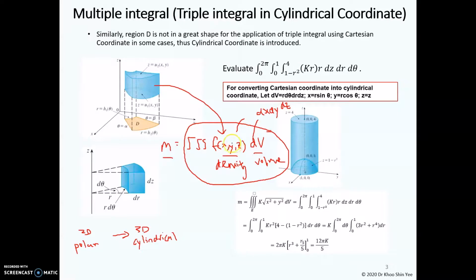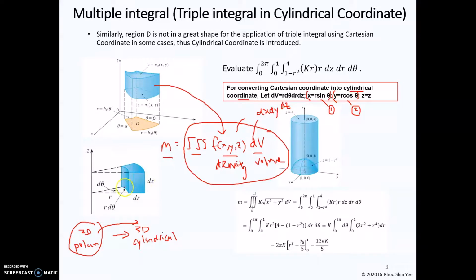In this case, you might consider solving the triple integral by using the cylindrical coordinate, where the cylindrical coordinate is just the extension of the 2D polar coordinate that you learned before. Previously, in the polar coordinate, you have x equal to r cos angle, so this is the first equation, and then you have y equal to r sin angle.